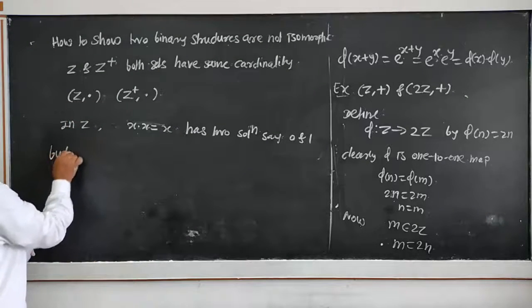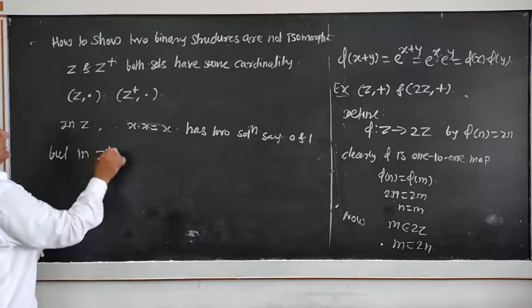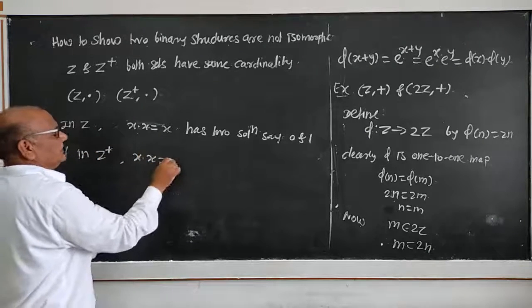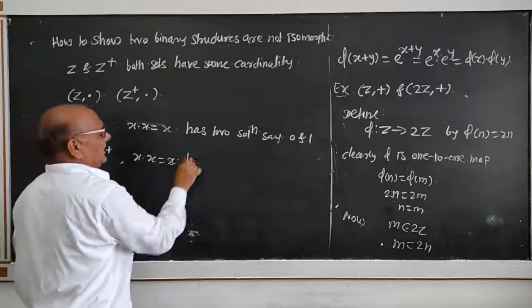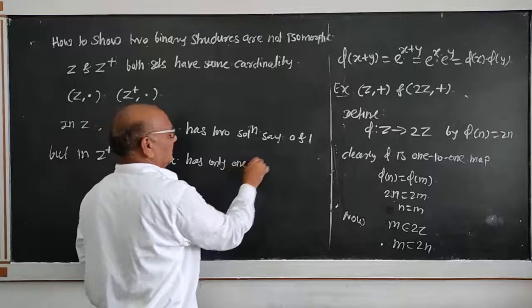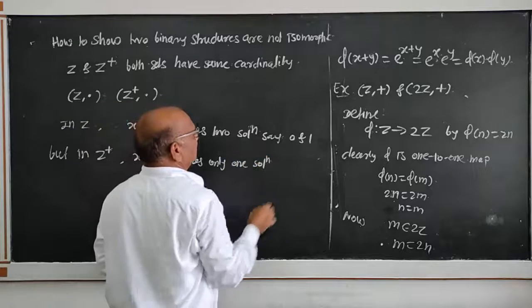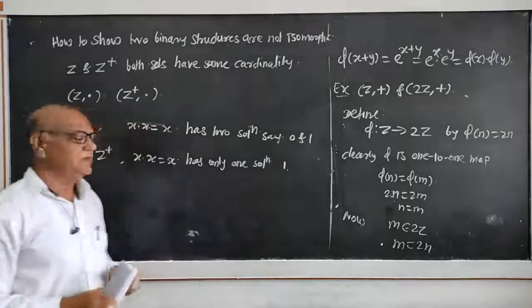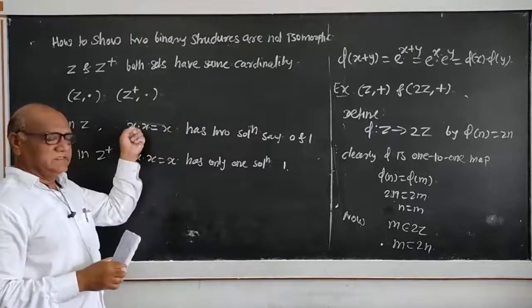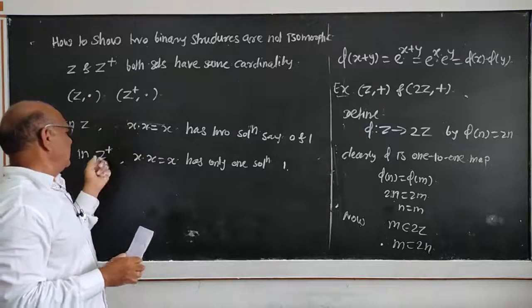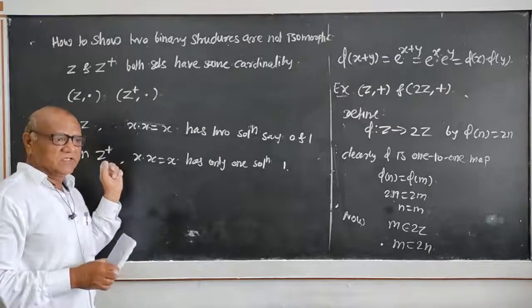But in Z plus, x into x is equal to x has only one solution, and this is 1. That means this equation has two solutions in Z and here only one solution.